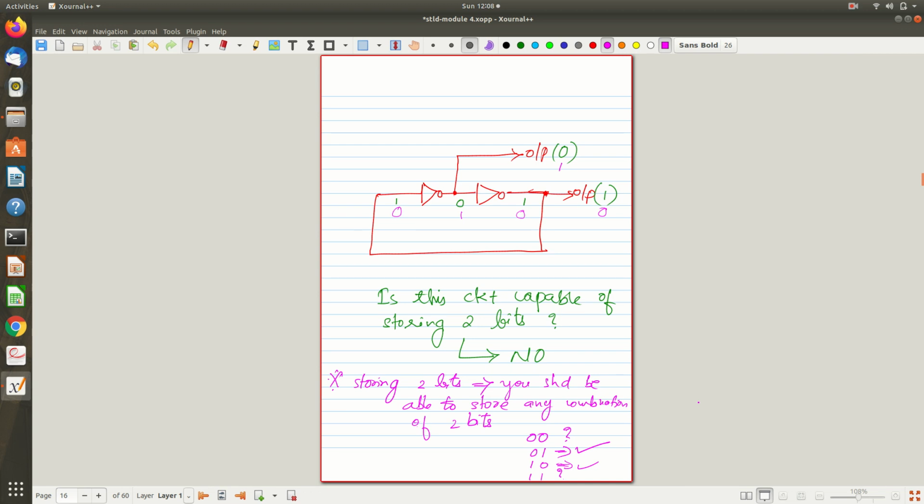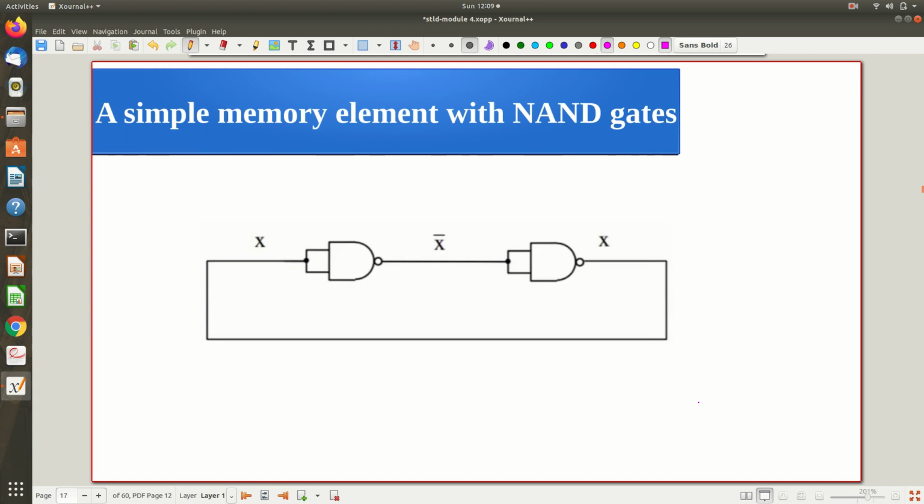What you can do is try to replace this NOT gate with a NAND gate. Do you know how to implement a NOT gate with a NAND gate? When we discussed NAND as a universal gate, I explained how to represent negation using NAND. I hope most of you remember this; if not, we will see.